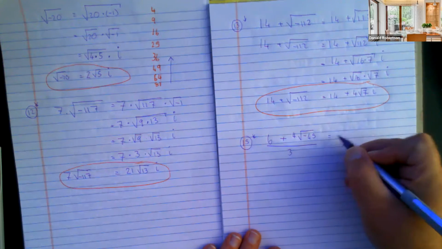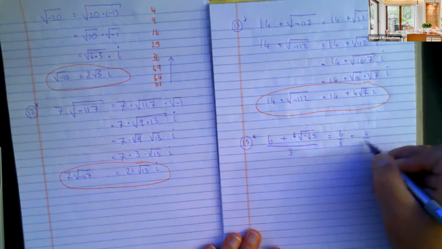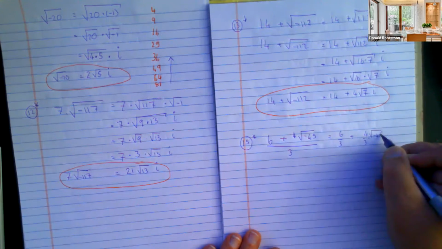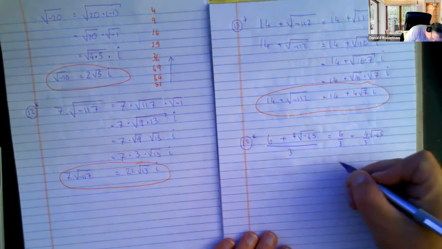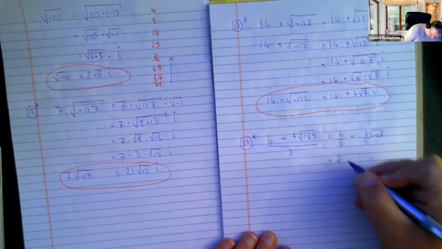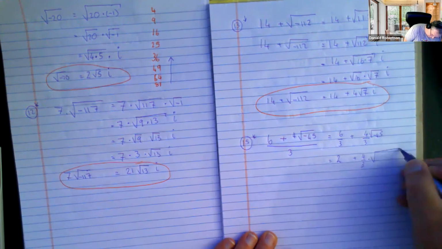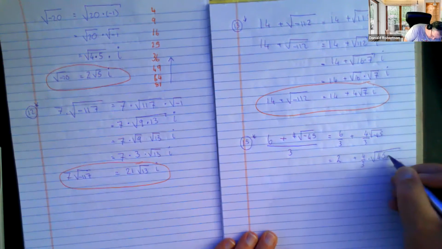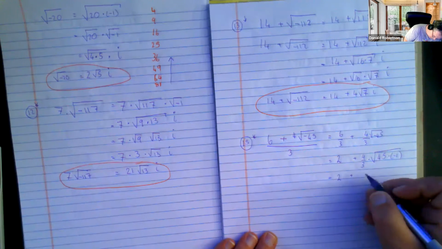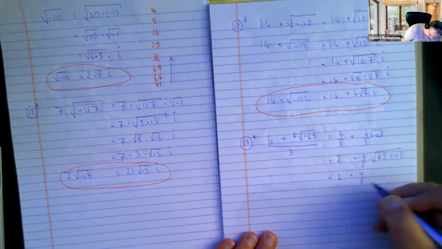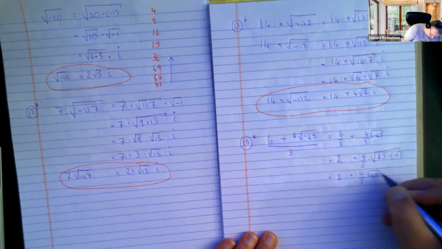So what I'm going to do is separate that first into that guy over 3 plus this guy over 3. And that guy can become 2. And this guy here is going to be 4/3 times the square root of 45 times -1. Square root of 45, i.